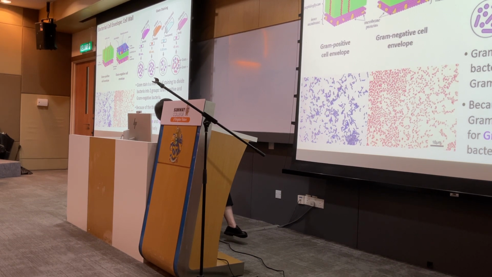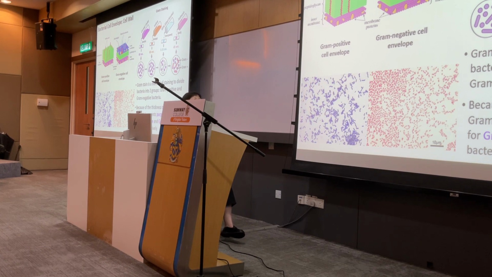And lastly, when you apply the safranin, which is a pink dye, for 45 seconds, those that are transparent will again be stained in the pink color. Those already in purple color can also be stained with the safranin, but because the purple color is so strong, it remains purple.